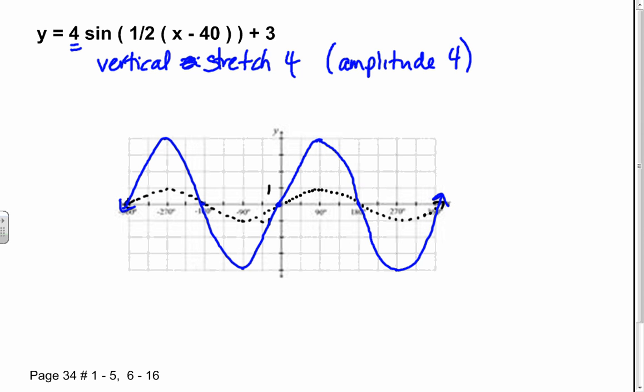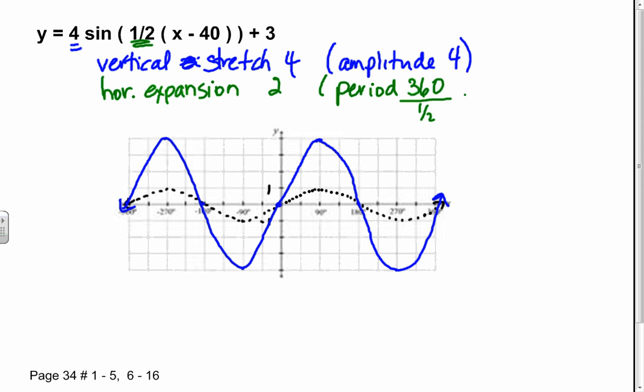The next thing that I see is inside the brackets. And I'm doing that one by itself. It is a horizontal. Everything horizontal is awkward. It is a horizontal expansion factor 2. And we know from these horizontal changes that it's going to change the period. And it's always 360 divided by that k value, which is a half, which will give us a period of 720.